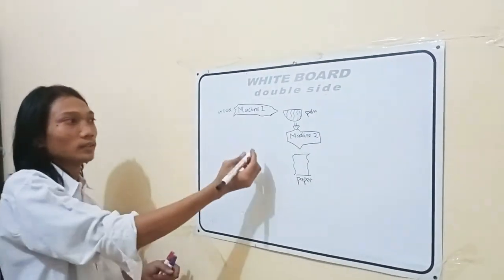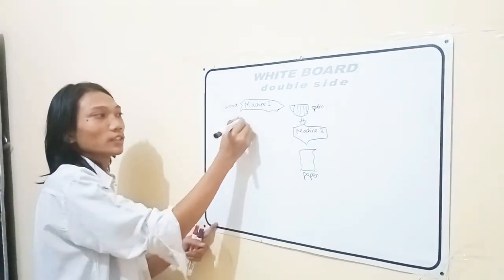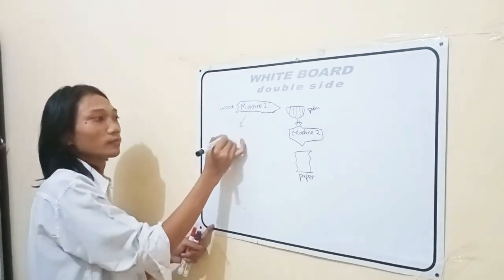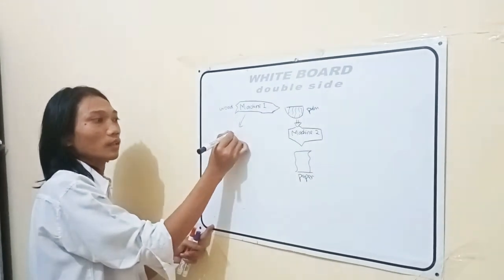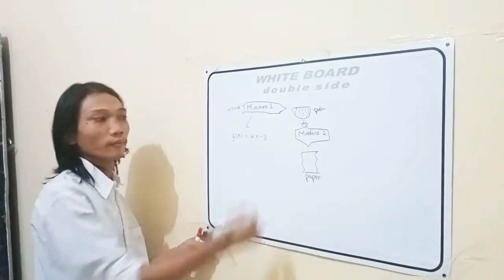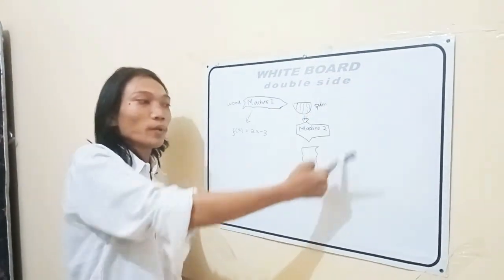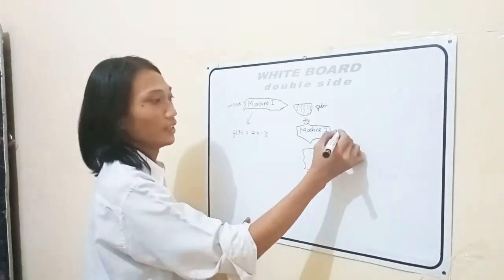Machine 1 changes wood to pulp following the function f(x). The formula of f(x) is 2x minus 3. And machine 2 changes pulp to paper following function g(x).